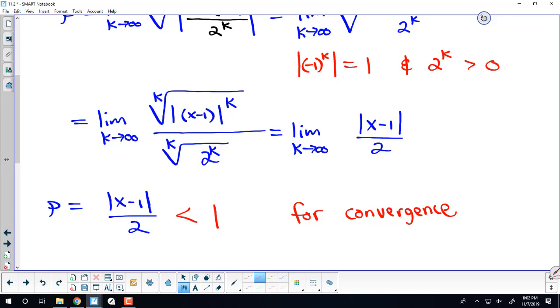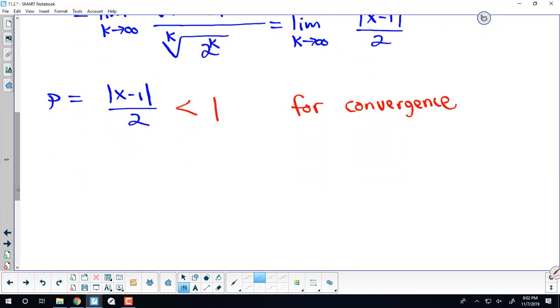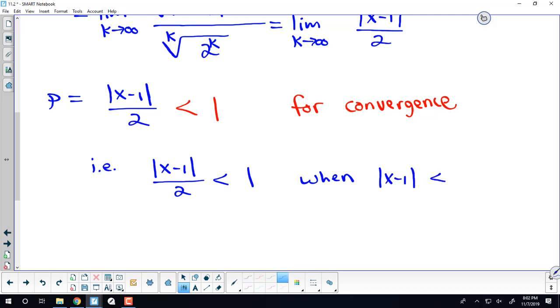Okay, so we have this thing has to be less than 1 for convergence. So that thing is less than 1 when the absolute value of x minus 1 is less than 2.